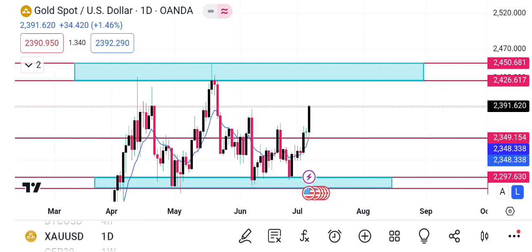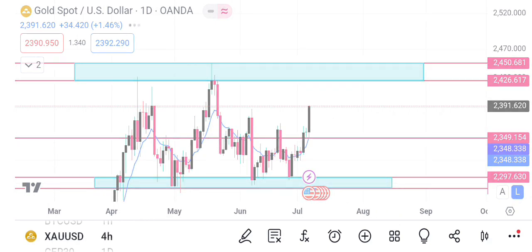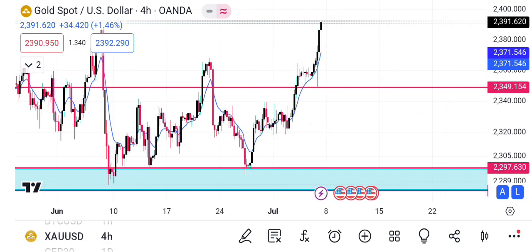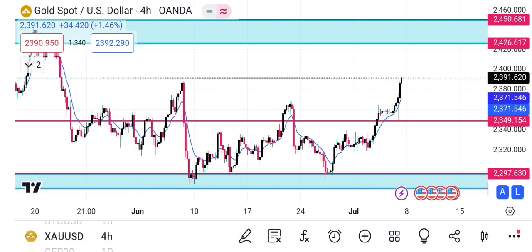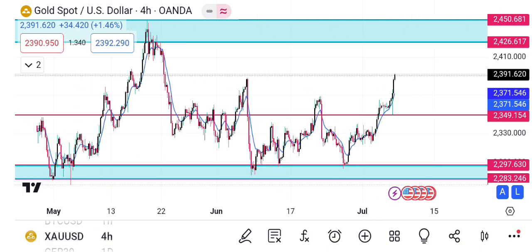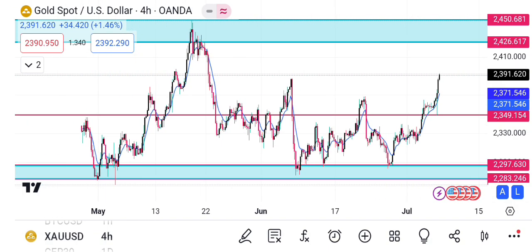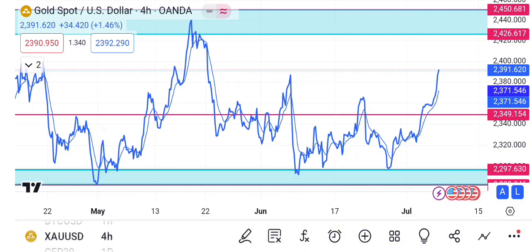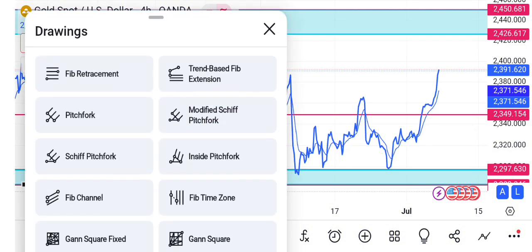Let me go to H4 and just zoom out a bit. The reason why I'm zooming out, I'm trying to see the market correctly, guys, like my support zones. I'm trying to mark my support zones correctly, you know.